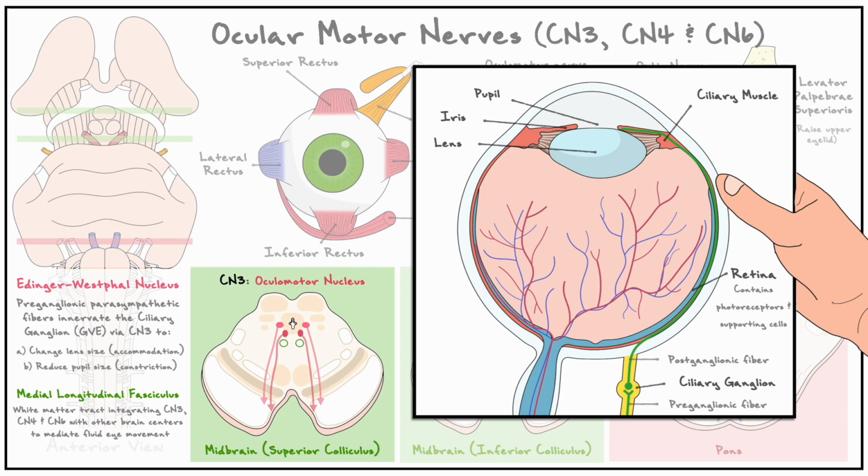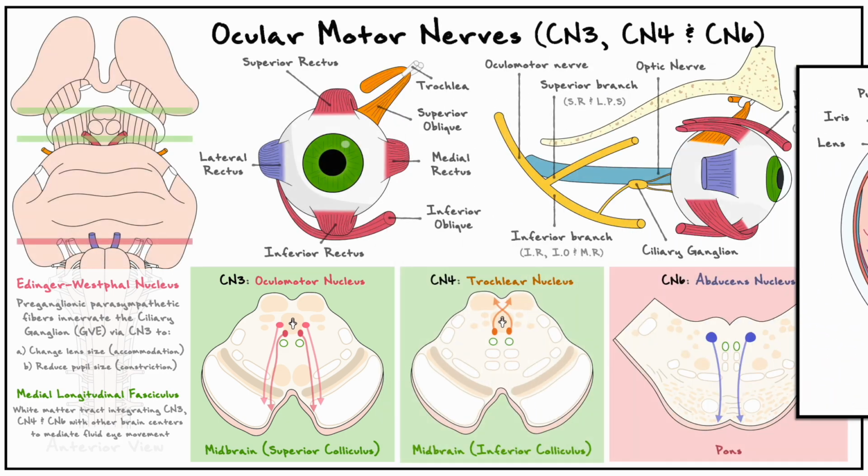The constriction of the pupil will have the effect of reducing the amount of light entering the eye, and this is an important effect of the parasympathetic response. Additionally, the contraction of the ciliary muscle can change the shape of the lens, and that allows for the ability of our eyes to focus light from objects at varying distance on our retina. This mechanism is also known as accommodation.